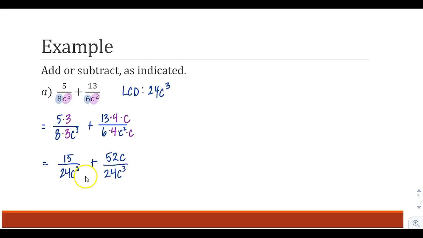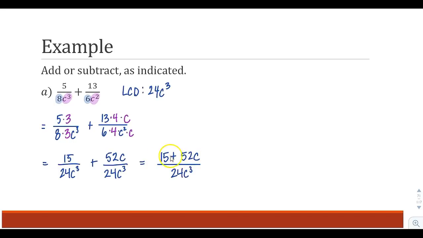So now these have the same denominator. That means that I can go ahead and just add across the numerator and keep that common denominator. So I'm going to end up with 15 plus 52c all over 24c cubed. And from here, there's nothing left I can simplify.